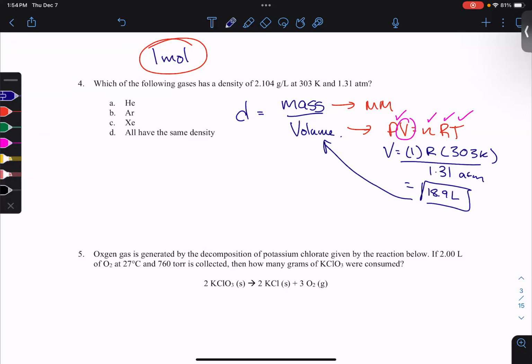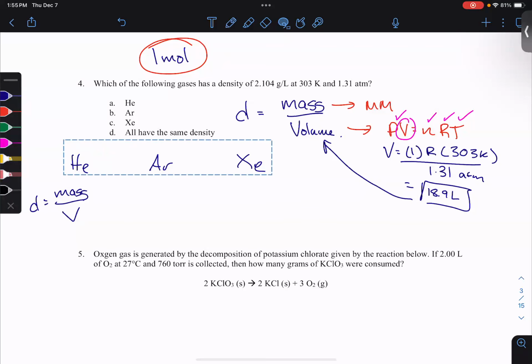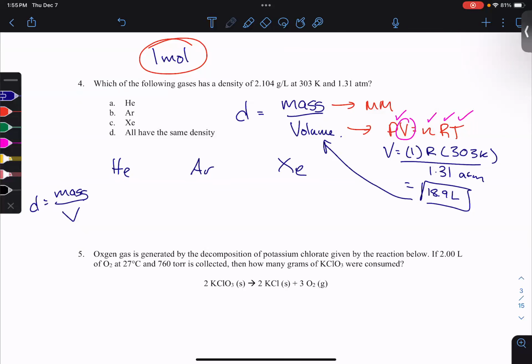So for helium, argon, and xenon, the denominator is the same for each calculation. Is the mass the same for all of these substances? No, they have different molar masses. The only thing that changes is the number in the numerator, so we can calculate these rather quickly.